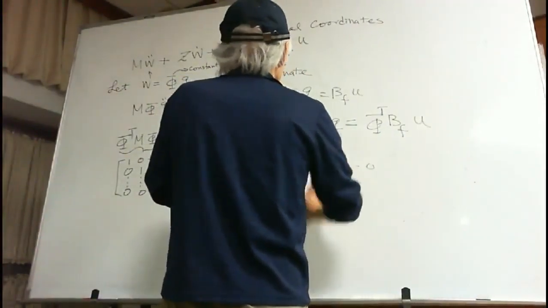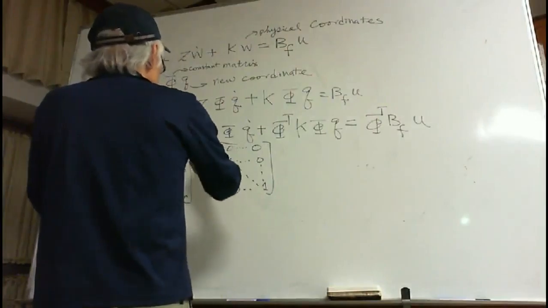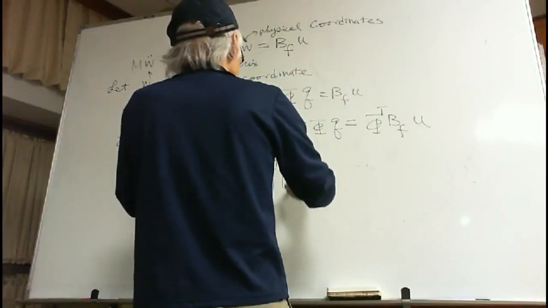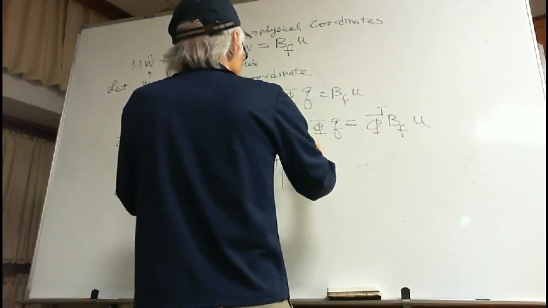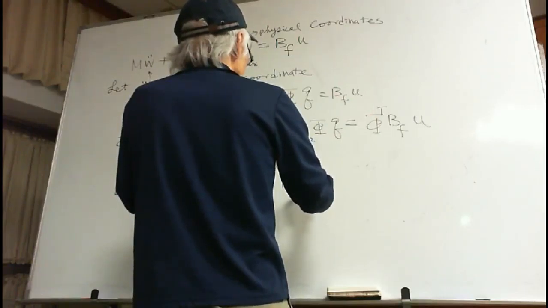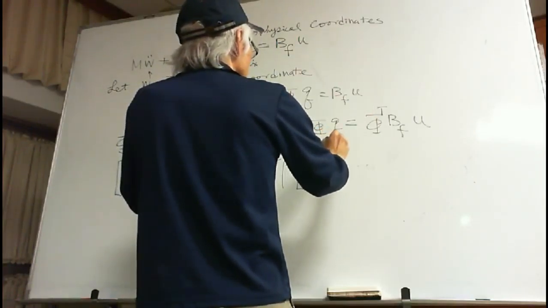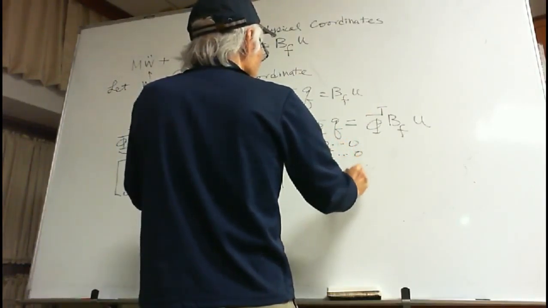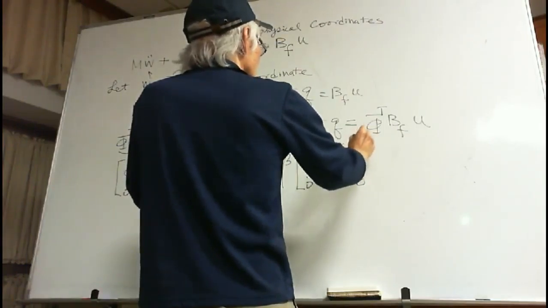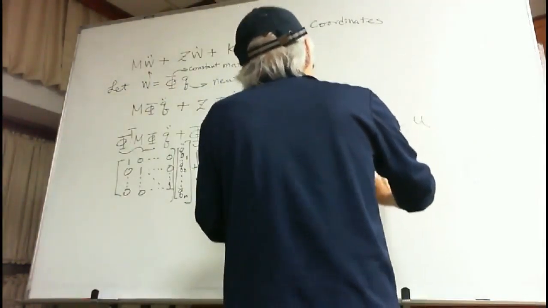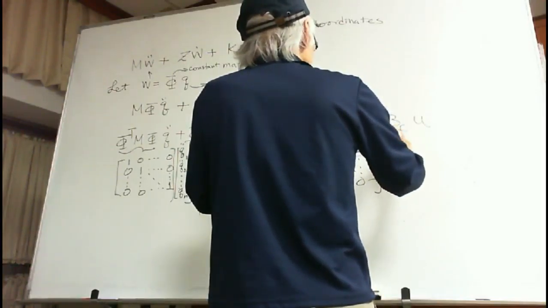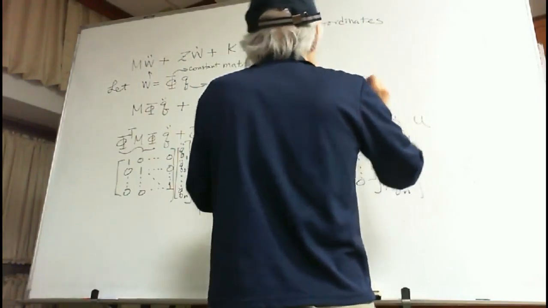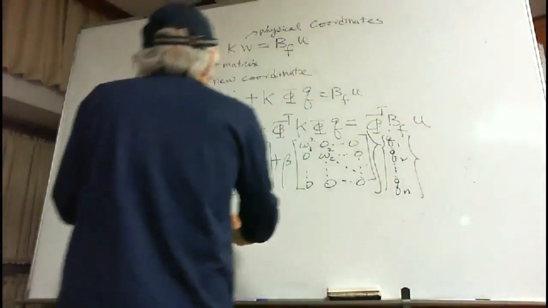Okay, let's write it down. I said this plus beta times omega 1 square, 0, 0, 0, omega 2 square, 0, 0, 0, and that times Q1 dot, Q2 dot, Qn dot, right?